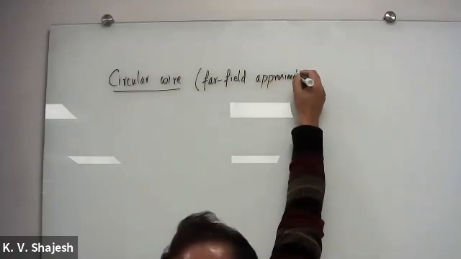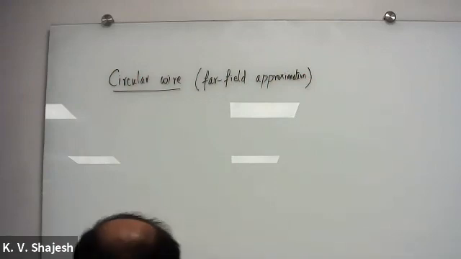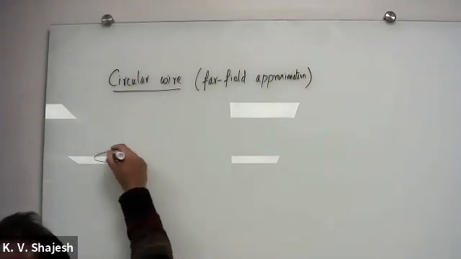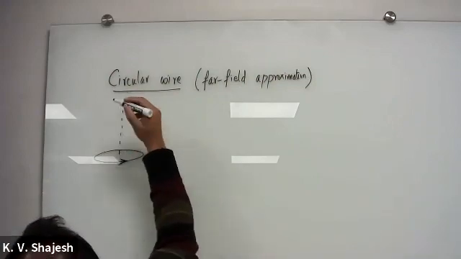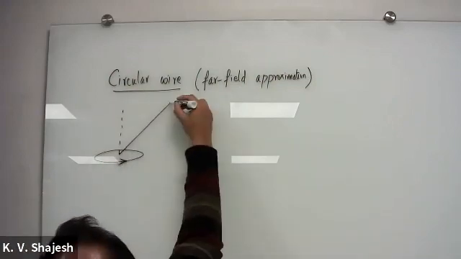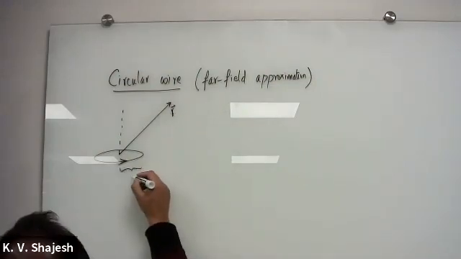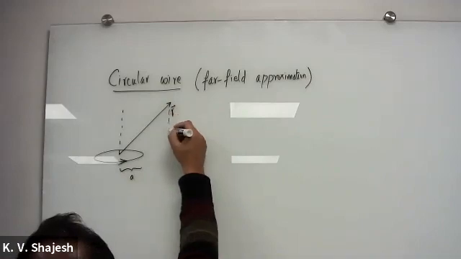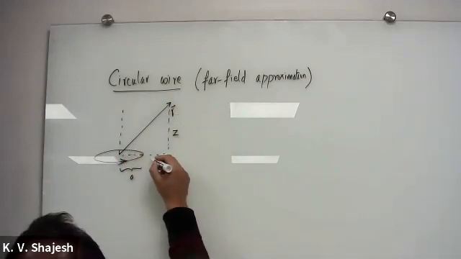And we said, that's your circular wire, and somewhere there's an observation point, that's your A. In cylindrical coordinates, that will be your z, and that's your rho.